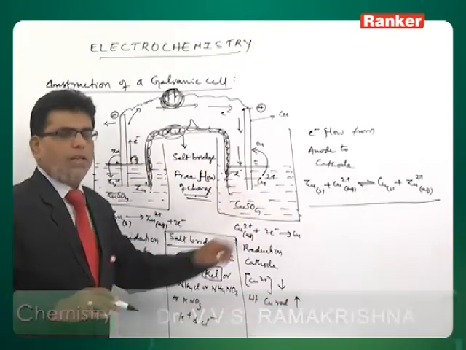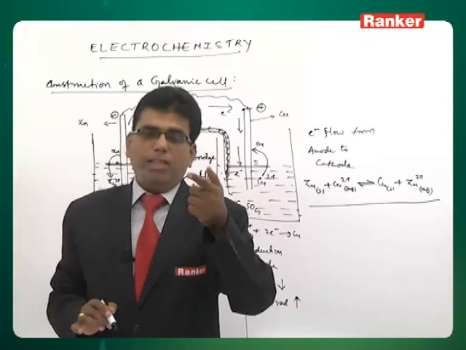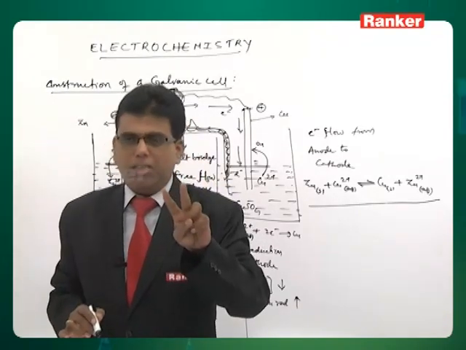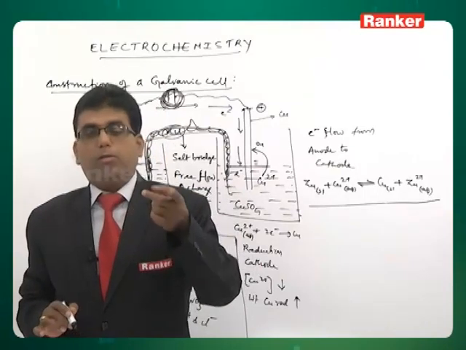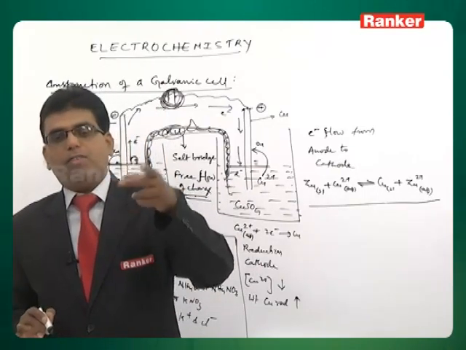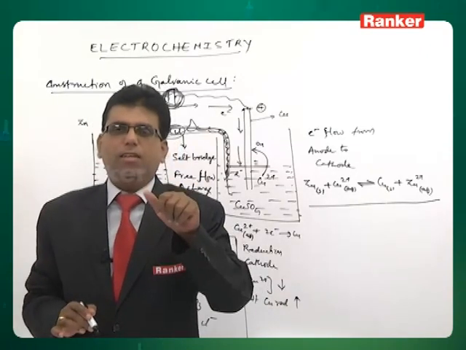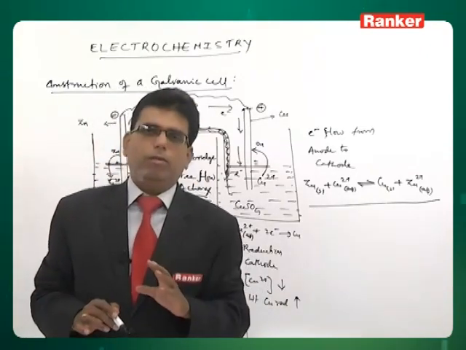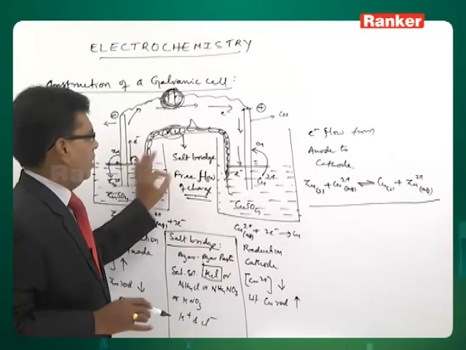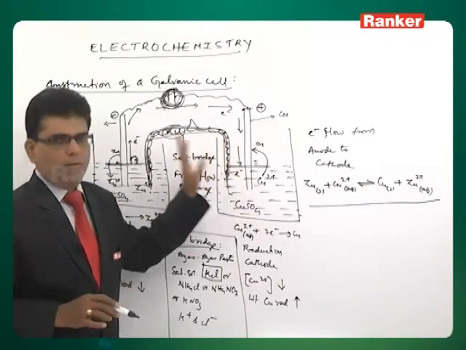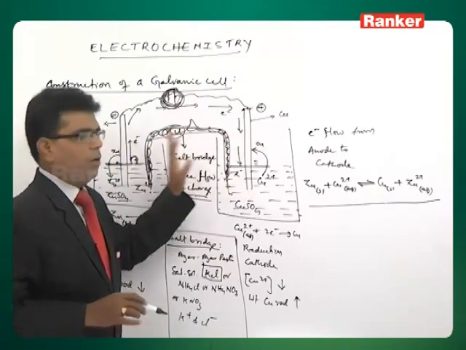Instead of zinc and copper, we can use any other two metals, or metal and non-metal, or two non-metals, and we also have several other different electrodes. All that we study under types of electrodes. So, this is the construction and working of a galvanic cell using the simple zinc copper couple.